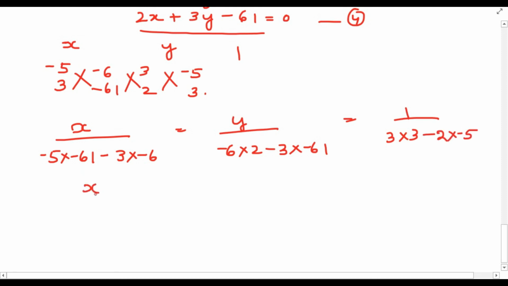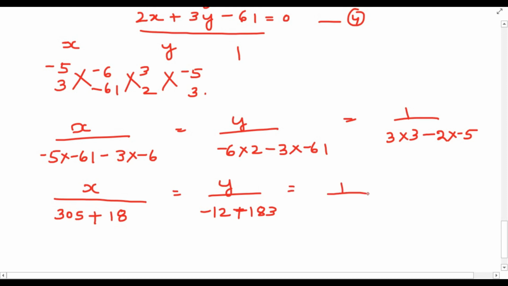Now we need to solve this. x divided by 305 plus 18, minus into minus is plus, equals y divided by minus 12 plus 183, equals 1 divided by 9 plus 10.